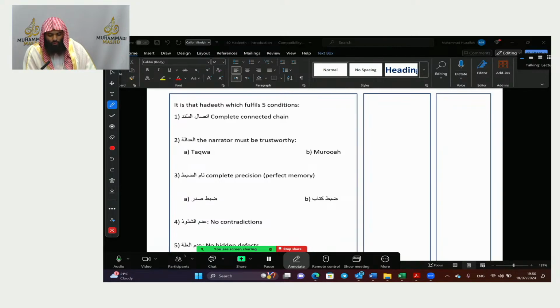The third condition is tamm ad-dabt, they have to have complete precision. That's the literal translation of it, but what that basically means is perfect memory. The third condition is that those narrators have to have perfect memory, meaning they rarely ever make a mistake.